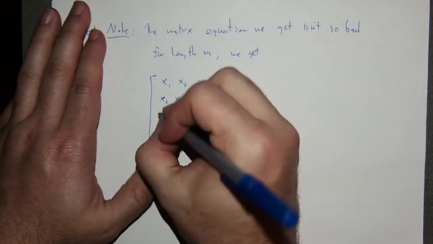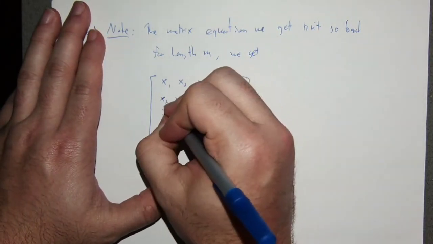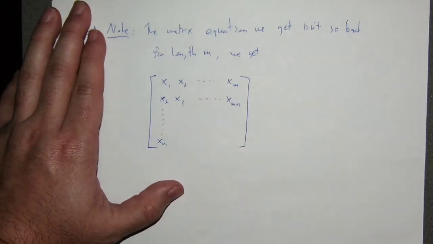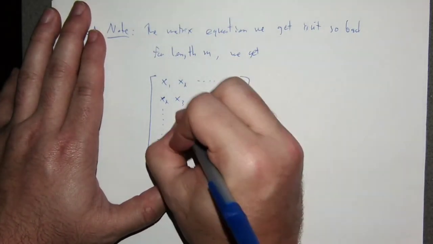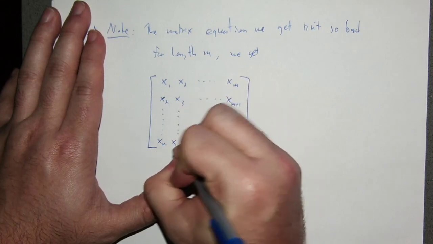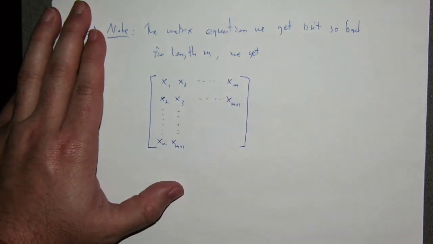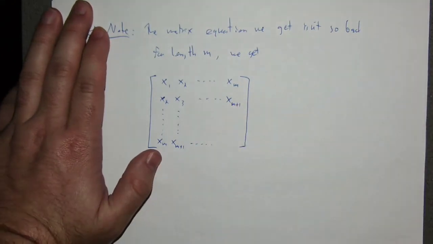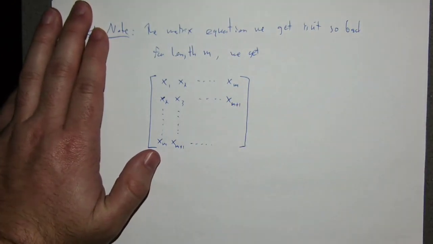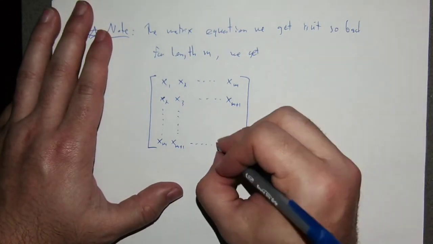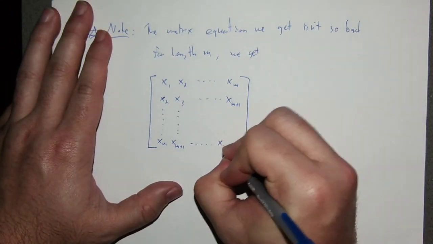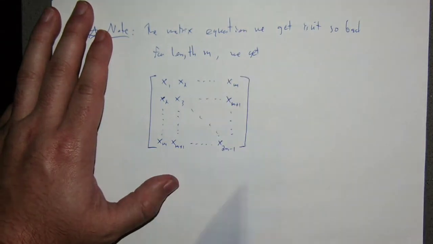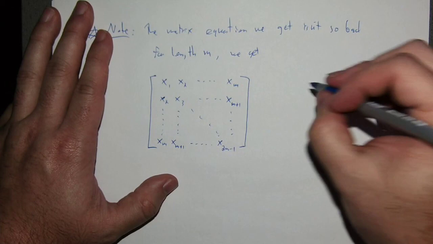And going down this way, this is x sub 1, x sub 2, all the way to x sub m. This is x sub 2, x sub 3, all the way to x sub m plus 1. And you see how this pattern is working out. We go all the way to x sub 2m minus 1. So this is my matrix.